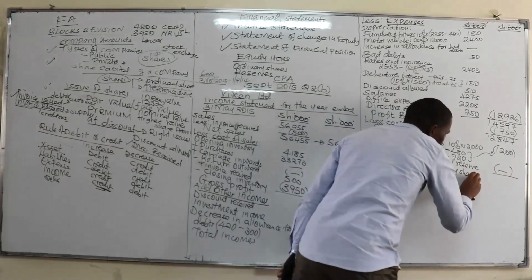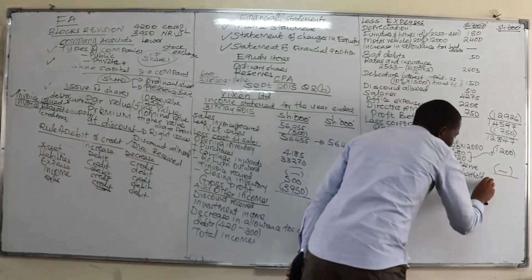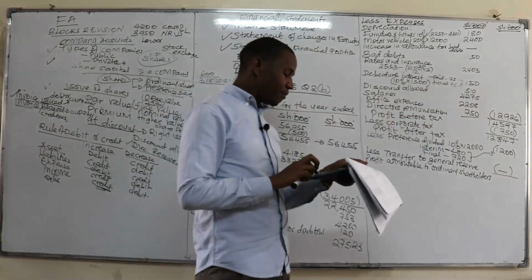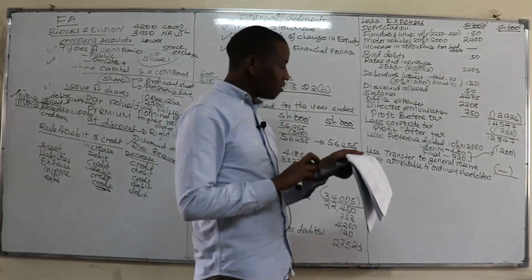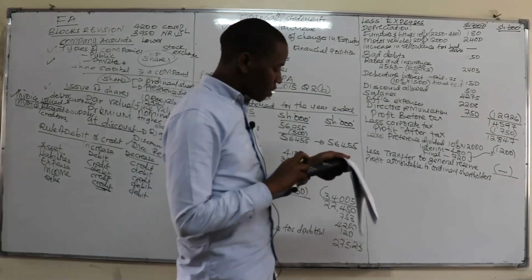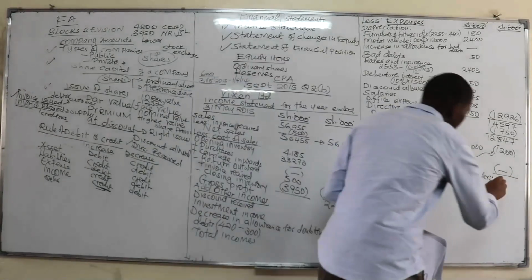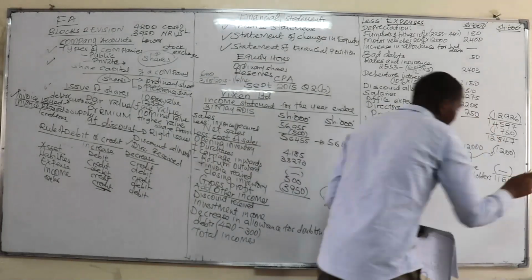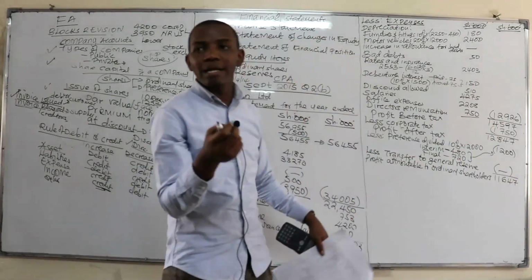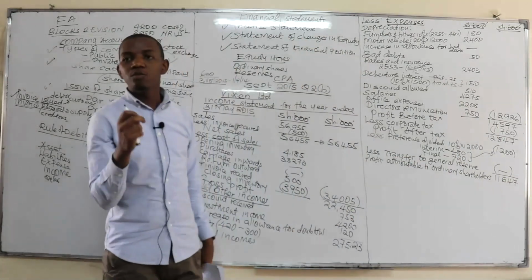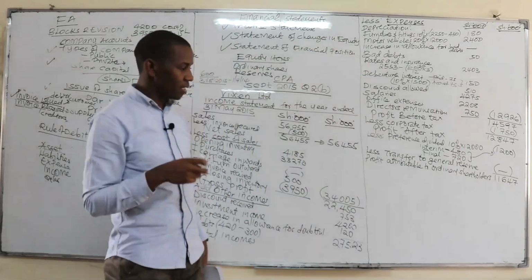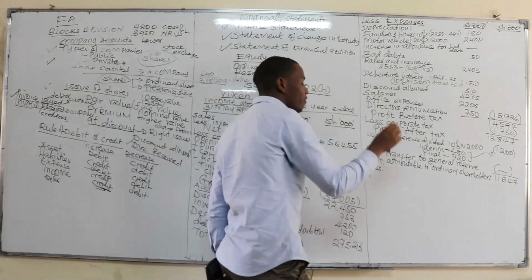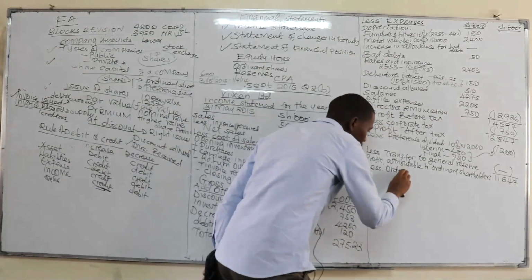So this is what the shareholders have for them to pay themselves the dividends. So it will be 12,847 minus 1,200, which in this case is 11,647. This is the amount of money that they have for them to pay themselves the dividend. So from there, they can pay themselves the dividend, which we call the ordinary what?